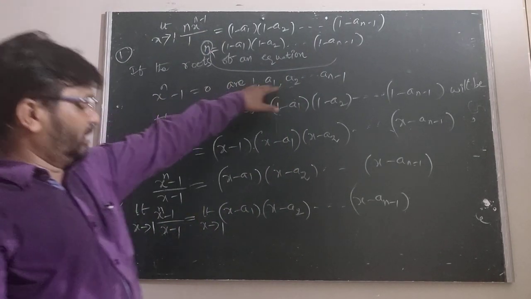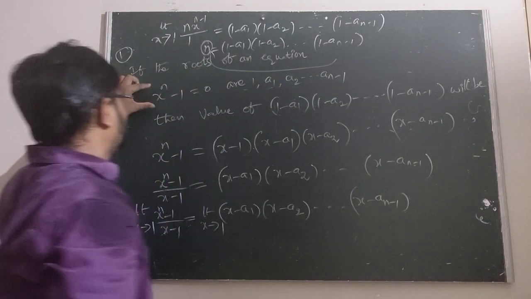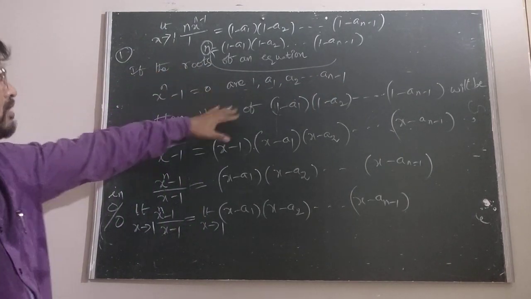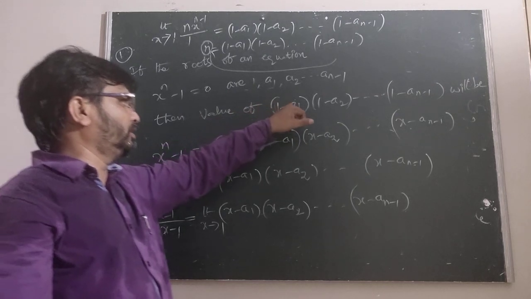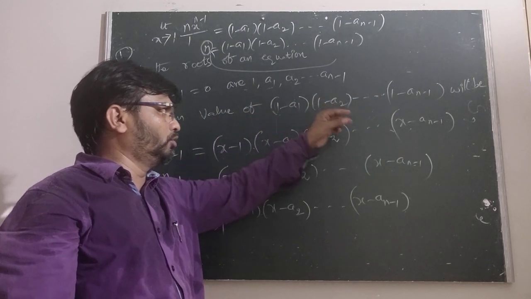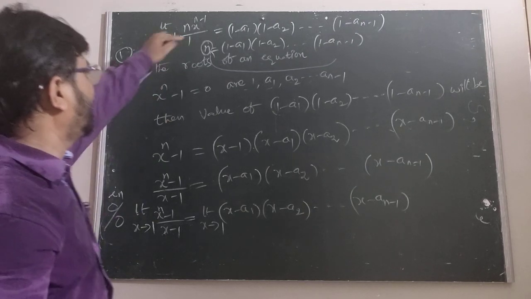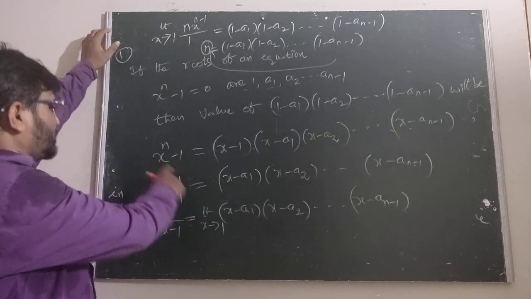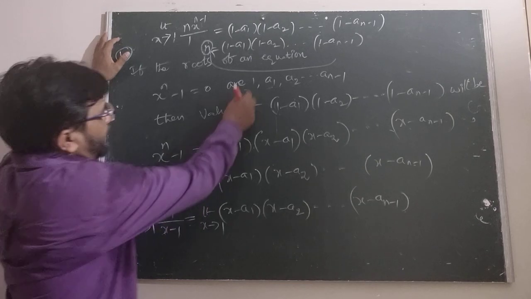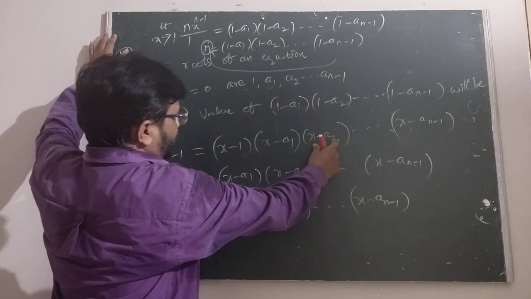So if 1, a1, a2, up to an minus 1 are the roots of x power n minus 1, then the value of (1 minus a1) into (1 minus a2) and so on (1 minus an minus 1) is n. So you can write x power n minus 1 equal to (x minus 1) into (x minus a1) into (x minus a2) and so on.